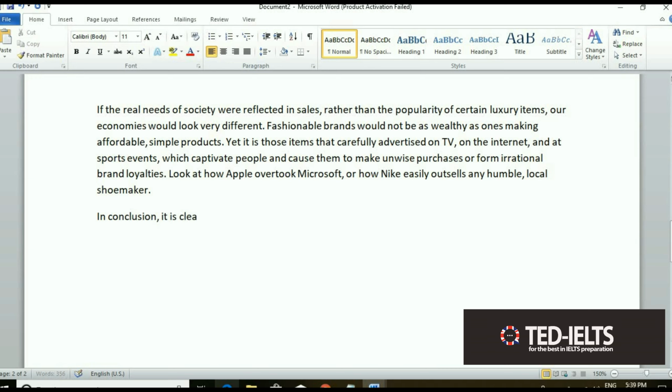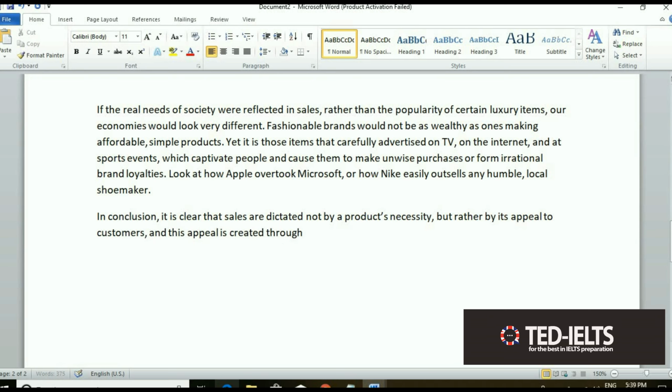It is clear that sales are dictated not by a product's necessity, but rather by its appeal to customers. And this appeal is created through slick advertising campaigns.